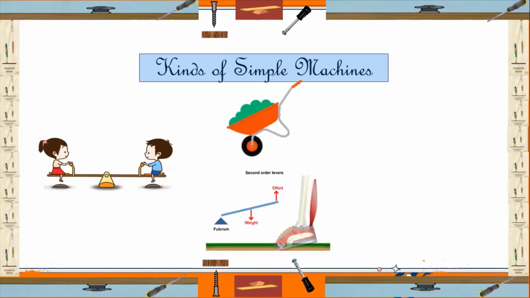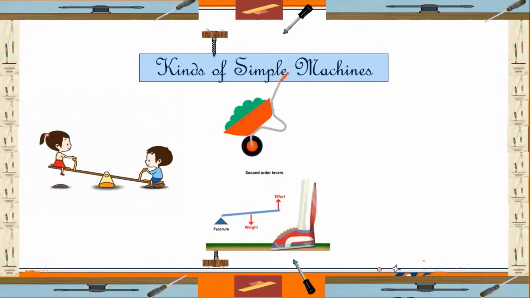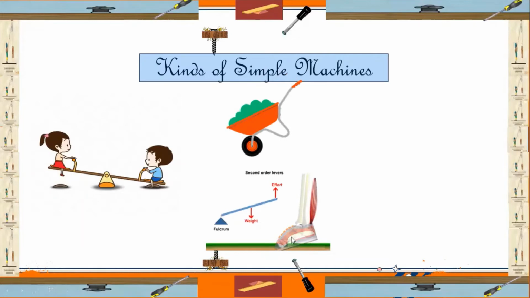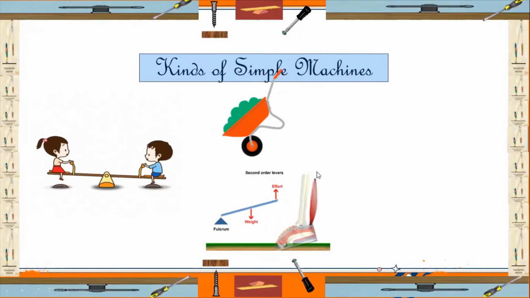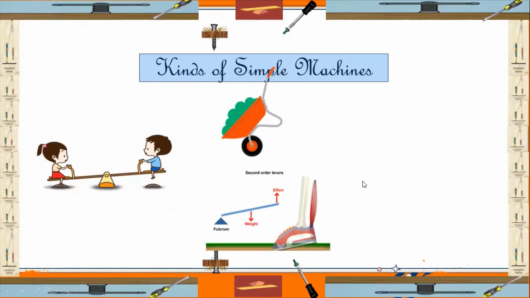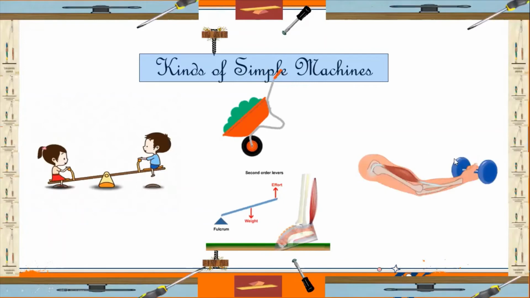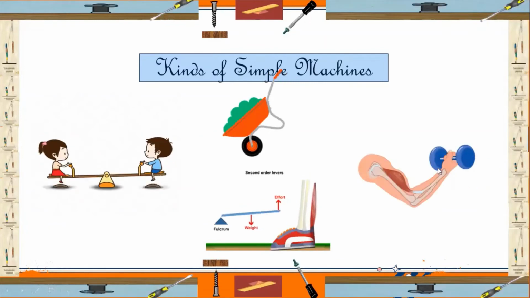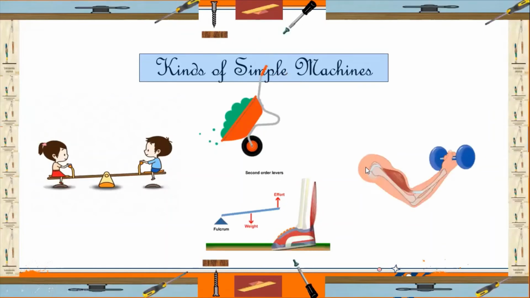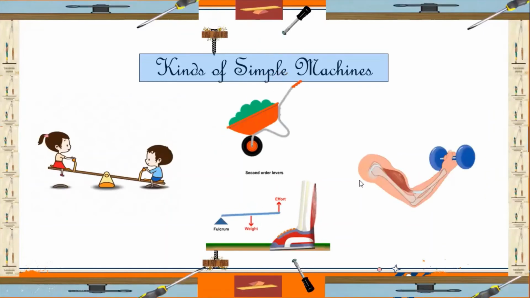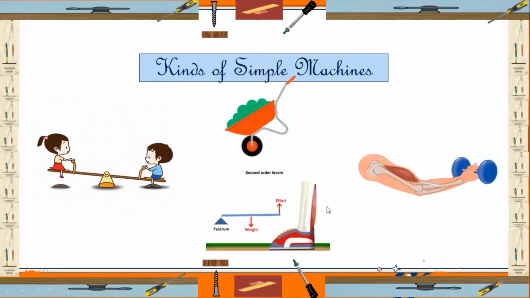If you take a close look at the elbow, the joint acts as the fulcrum, and the weight of the forearm and the object held by the forearm is the load. The effort is applied by the two muscles in the upper arm. That is the lever system in our bodies. There are many lever systems in our bodies too.